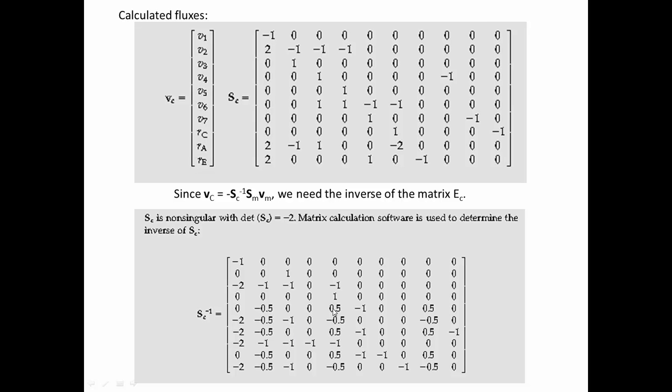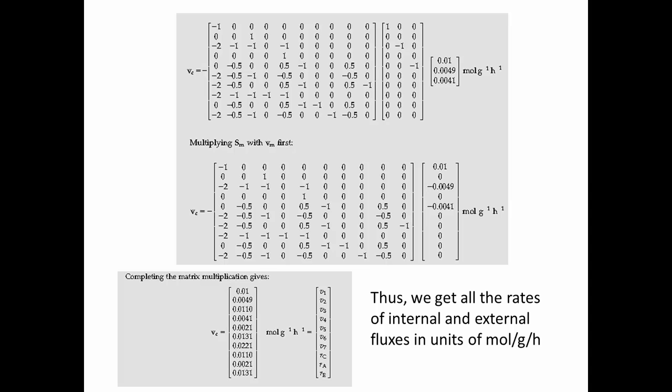Here is our SC minus 1 right here, the inverted matrix. And thus we can do the matrix math. We have our SC to the minus 1, we have our SM, we have our VM. We multiply these things together, and we end up getting all of our internal rates here in this vector.